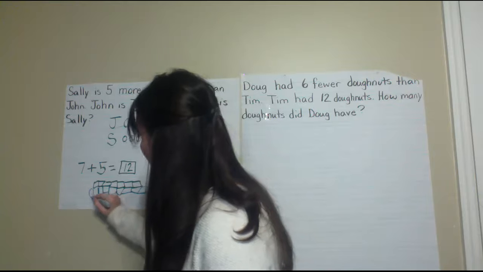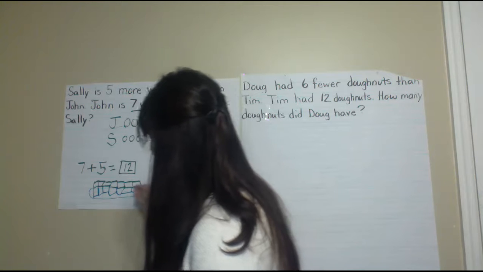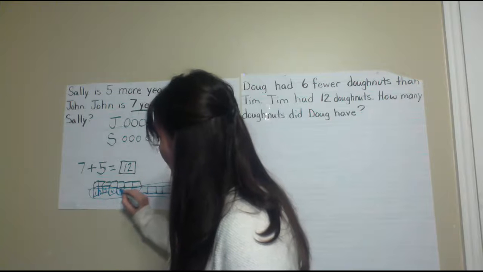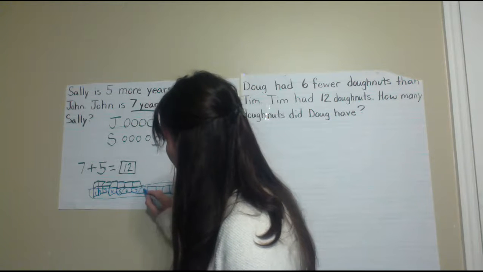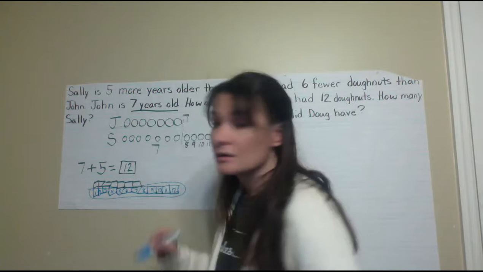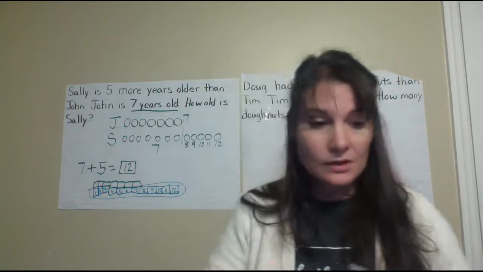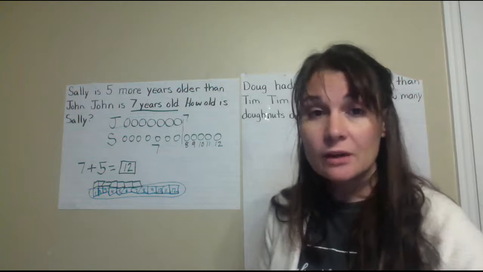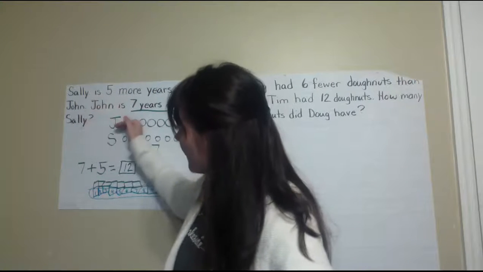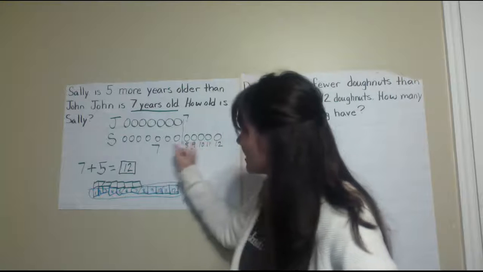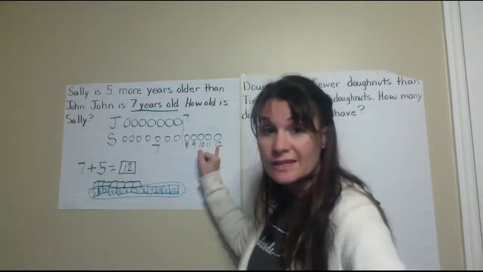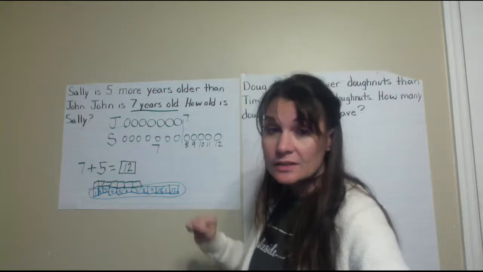So she would be this whole amount. 1, 2, 3, 4, 5, 6, 7, 8, 9, 10, 11, 12. This comparing problem did not have us subtract. It still compared for Sally and John because it told how many more years older that Sally was. Let's try another one.